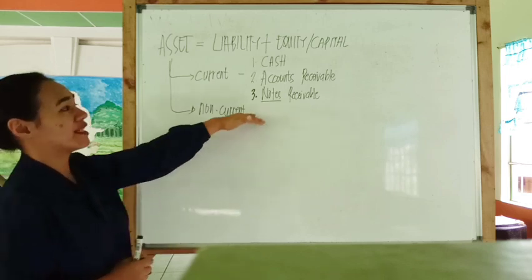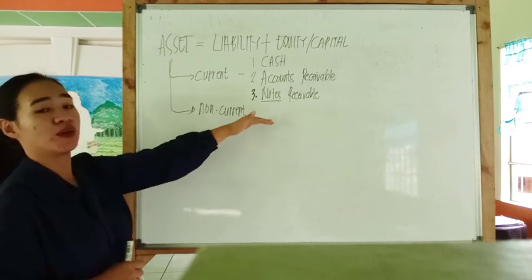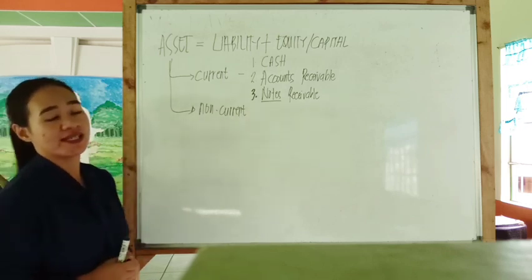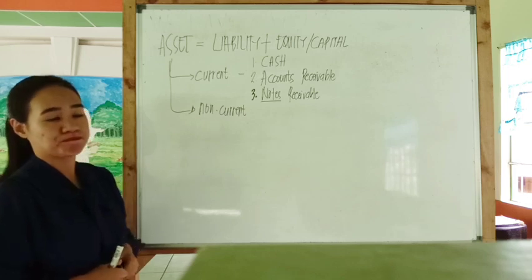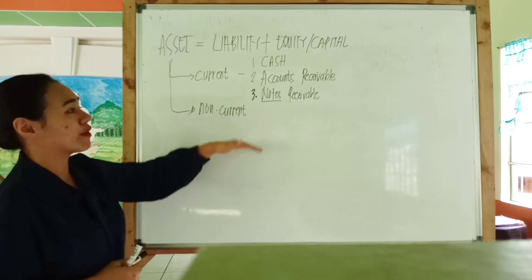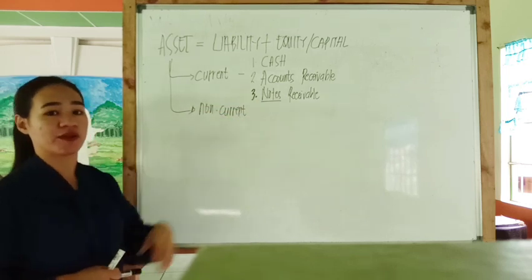So, yun ang difference ng notes receivable sa accounts receivable. Sa accounts receivable, you have no notes that will be evidencing your collectibility. But then, for the notes receivable, may evidence because of the presence of the notes.